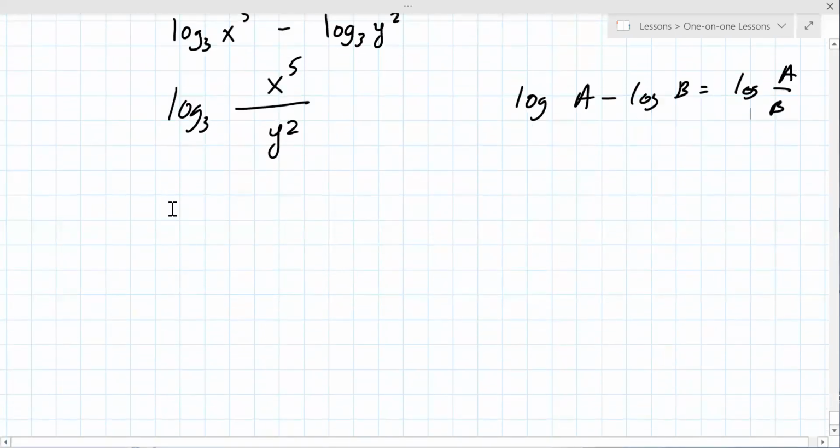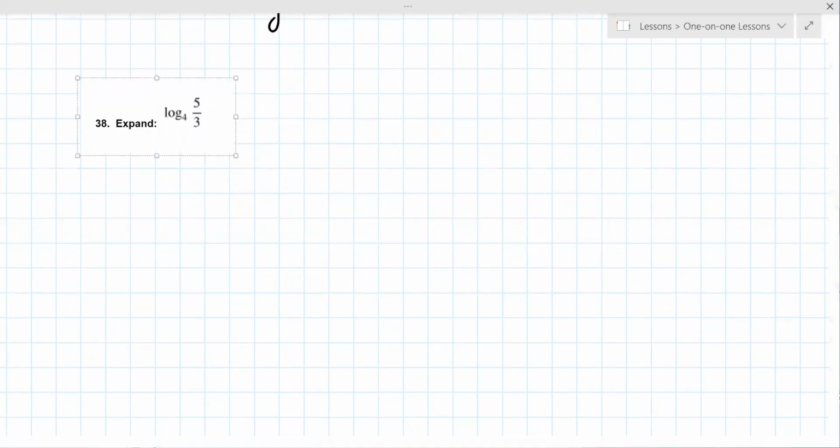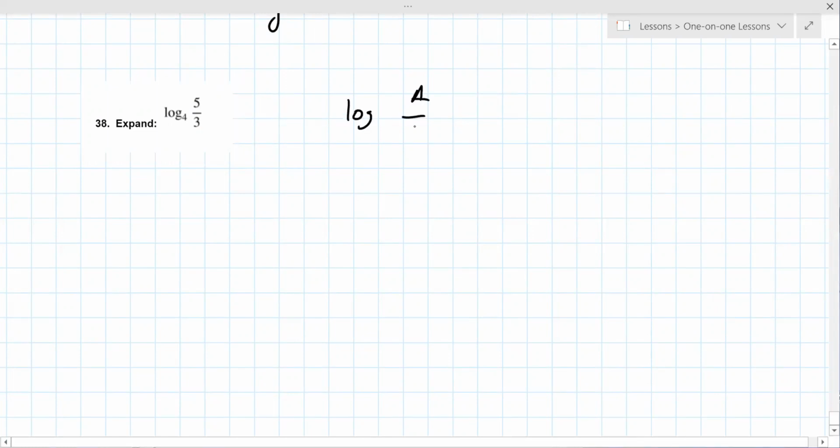This is definitely a condensed form of all the problems we've been doing. It's not as sophisticated. You should be in good shape to get a good grade here. So log A over B equals log A minus log B. So you're going to take log base 4 of 5 minus log base 4 of 3.